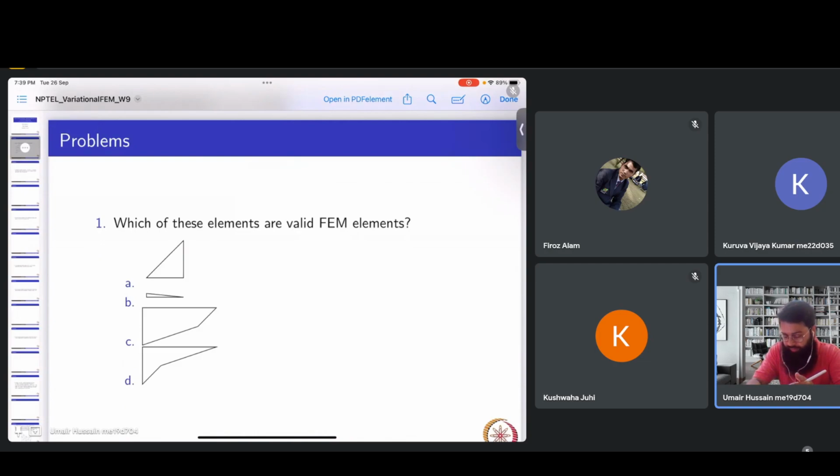So problem number one: which of these elements are valid FEM elements? Would anyone like to answer? Which are valid and which are not?